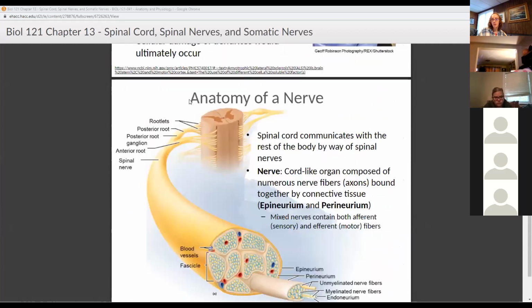We look up here, here's the sensory fibers entering into the posterior horn. Motor fibers exit via the anterior horn. They merge together to form a mixed nerve.